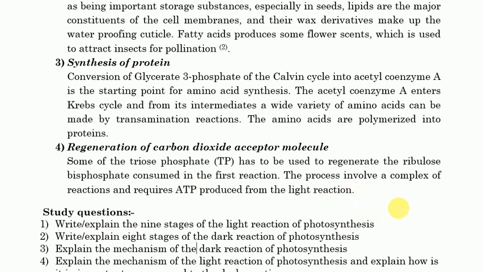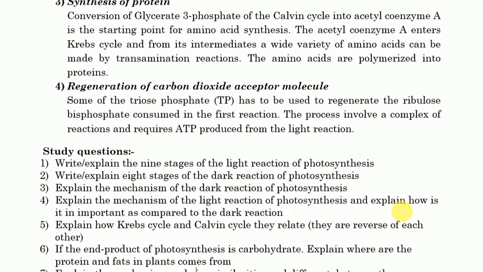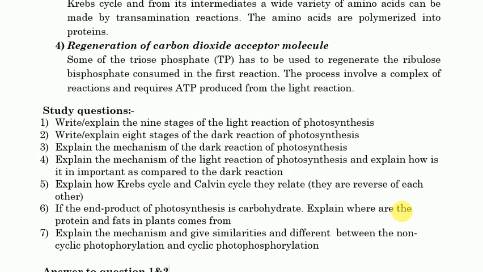Here we have some of the study questions. Most of the teachers prefer to ask these questions in this part, which we have covered in photosynthesis. For example, they can tell you to write or explain the 9 stages of the light or dark reaction. That is question number 1 and question number 2.